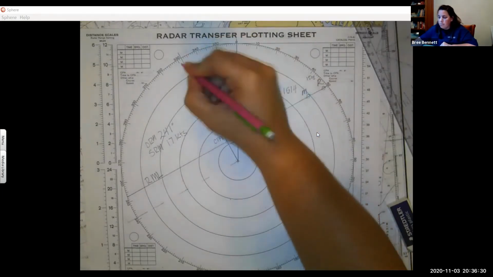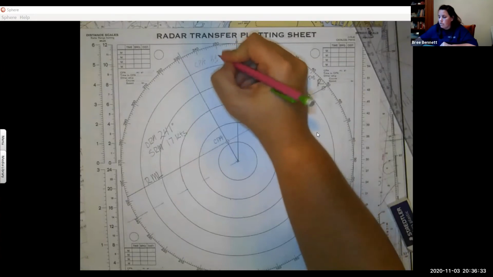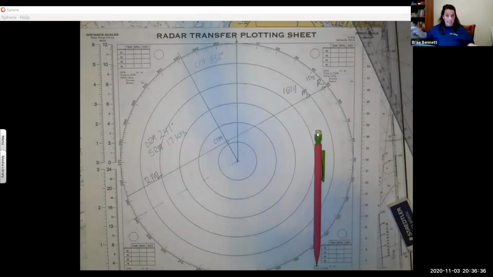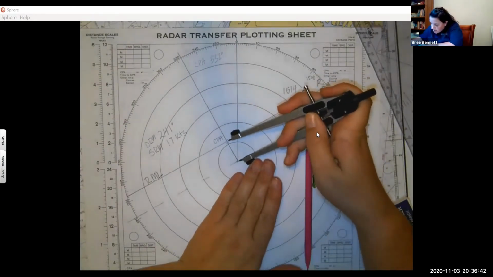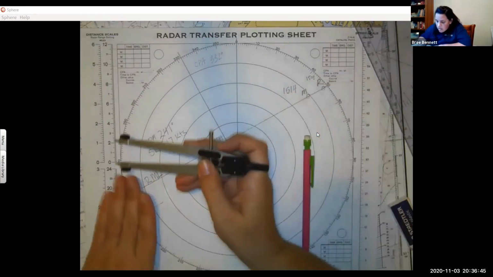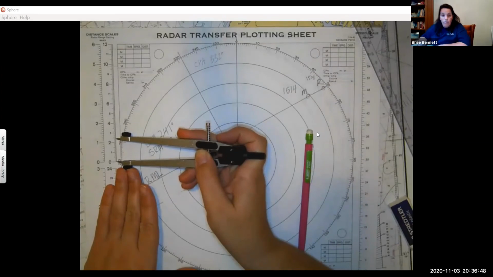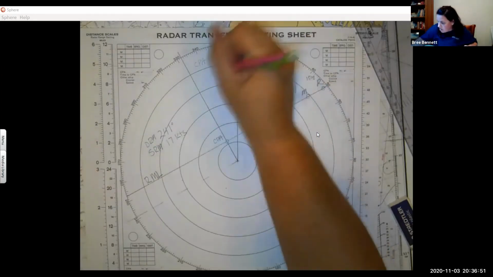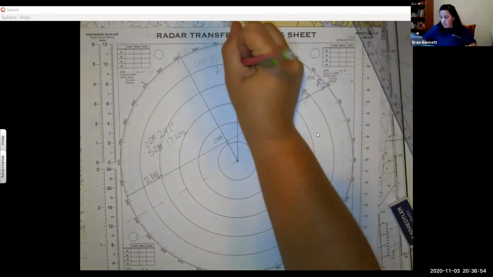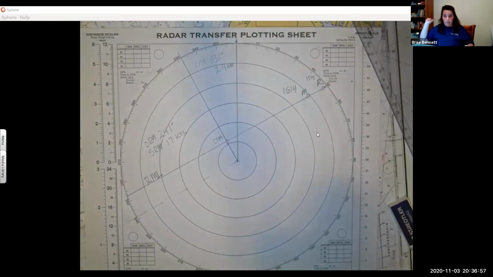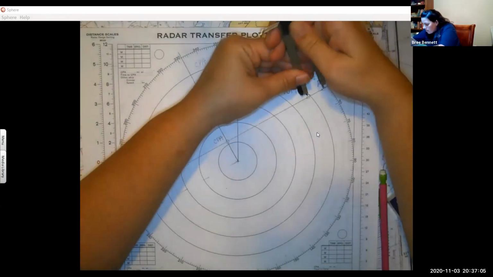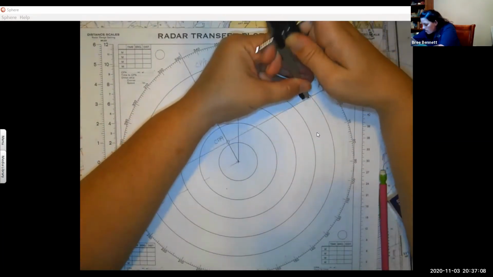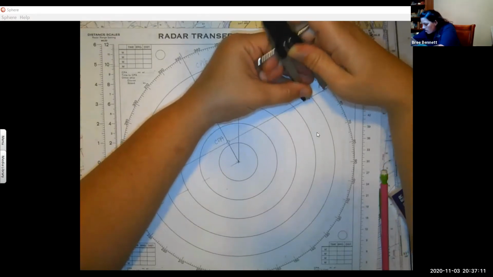CPA is going to be bearing 332 degrees at a distance a little over 2 miles, but let's see how much it is. At a distance of 2.4 miles. There's my CPA. Then I want to know my time of CPA. So we have our R to M, which is 6 minutes. There we go.